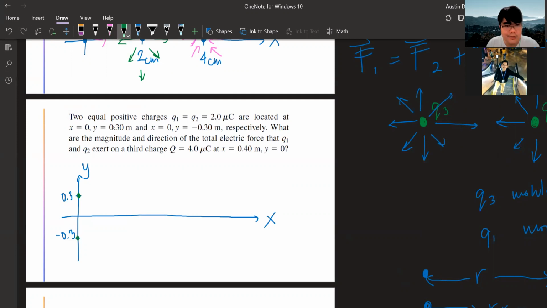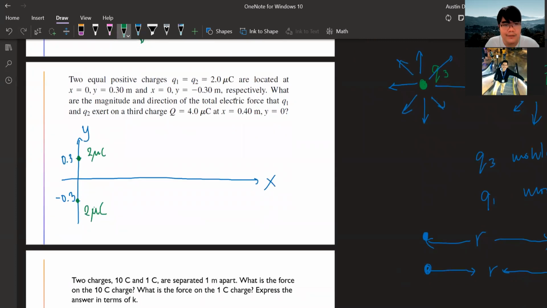And that's 2 microcoulombs. And now, saan siya maka-apekto? So, ang tanong ay, what are the magnitude and the direction of the total electric force that Q1 and Q2 exert on a third charge Q? So may third charge ka daw Q at 0.4 meter. Okay? So this is at 0.4.